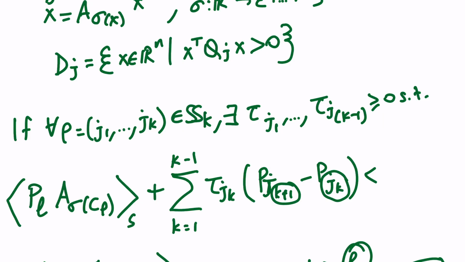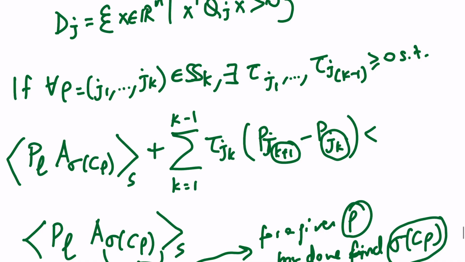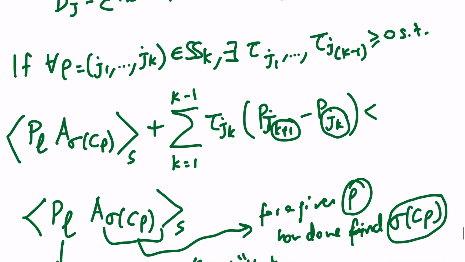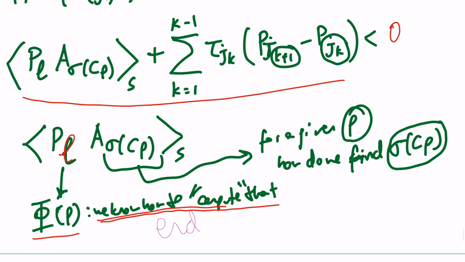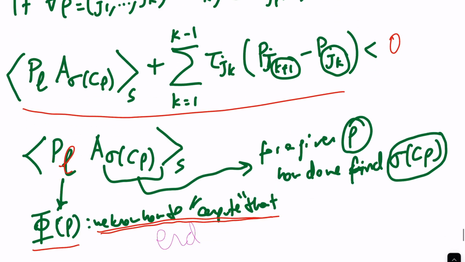If for all permutations there exists a set of non-negative numbers such that this holds, where, if we know how to compute that. Yeah, we know how to compute that. You gave me the permutation, and then it is straightforward to compute this.